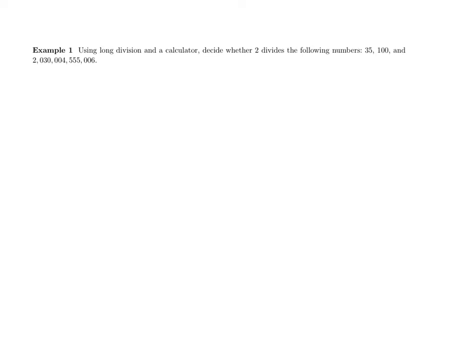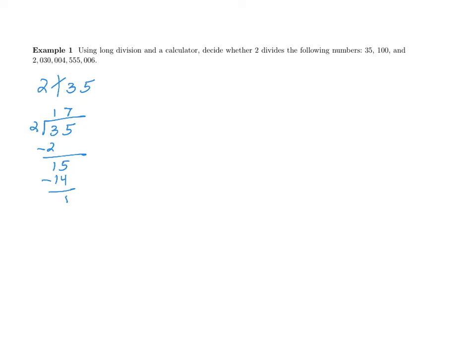Now, I'm guessing you might already know the answer to this, but just to explore this question, if you use long division, let's see, does 2 go into 35? Well, it goes into 3 once. You have 15 left over. You can multiply by 17, which takes you to 14, but here the remainder is not 0, it's 1. And so the answer to this question is 2 does not divide 35.